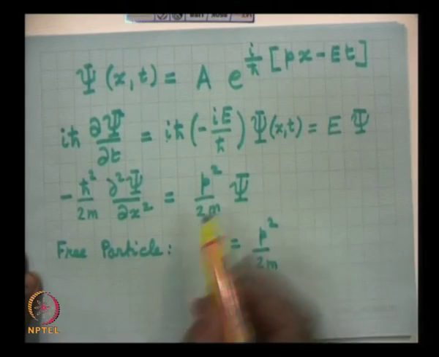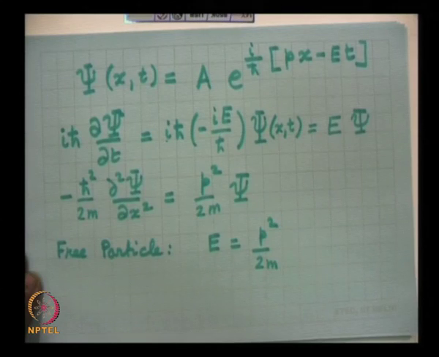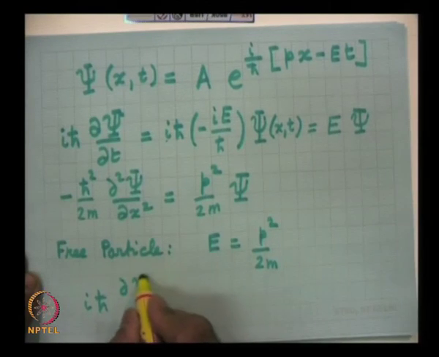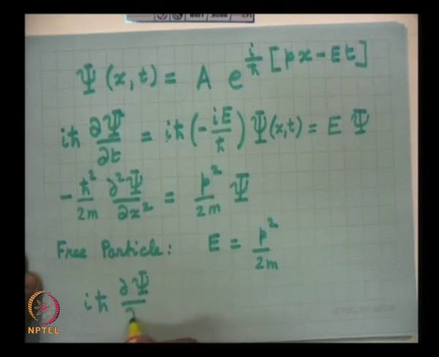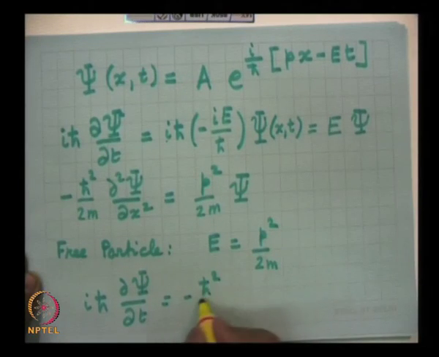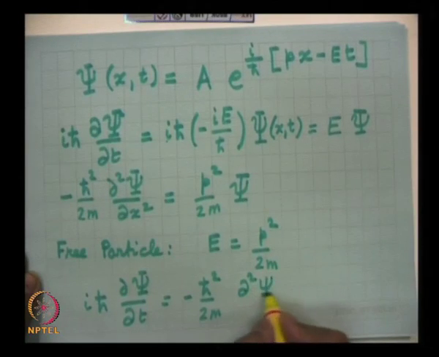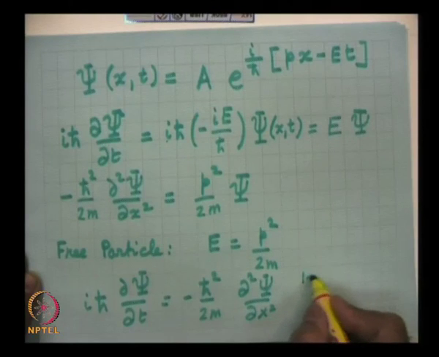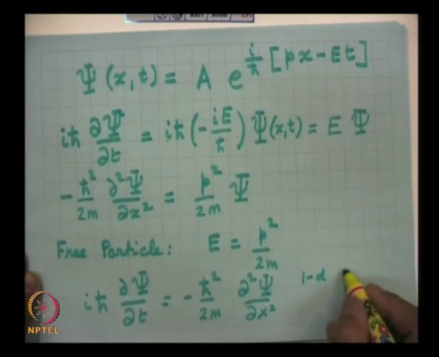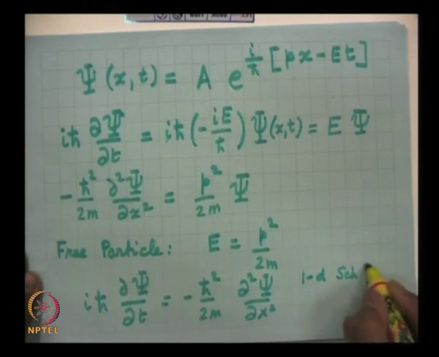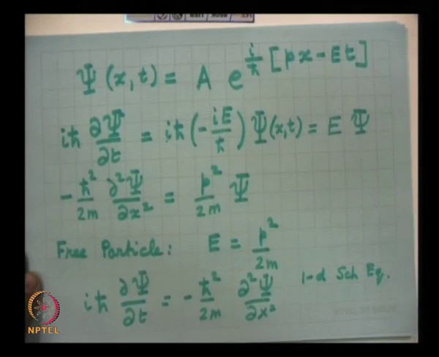So, this side is equal to this side. So, this must be equal to this. So, i h cross ∂ψ/∂t is equal to minus h cross square by 2m ∂²ψ/∂x². This is known as the one dimensional Schrodinger equation for a free particle.